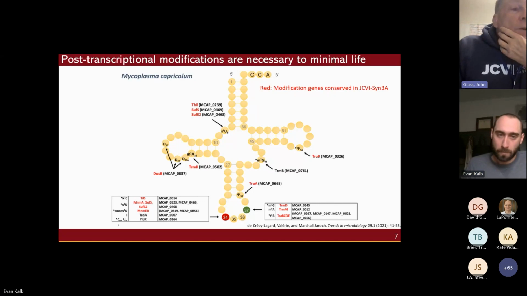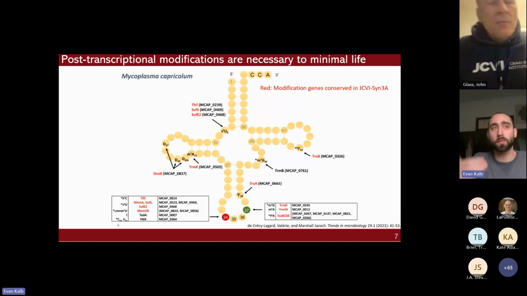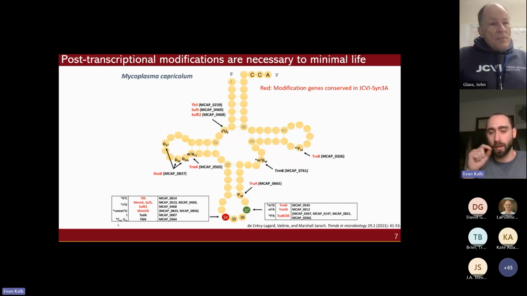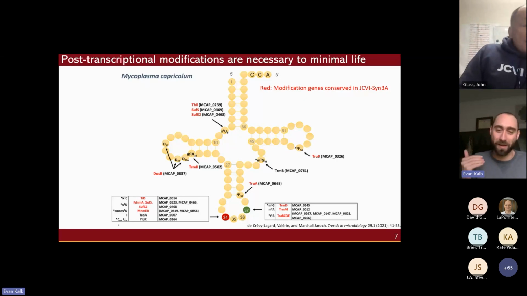So it would be relatively straightforward to put these genes back in and see if it affected growth rate. Yes, and I would be really interested to see if it actually did enhance growth rate. This is something that I was thinking about with Andre, where by putting Mycoplasma capricolum tRNA into this Syn3A system, we're probably putting in a better tRNA pool than the native tRNA pool.